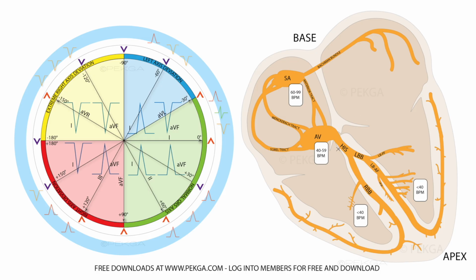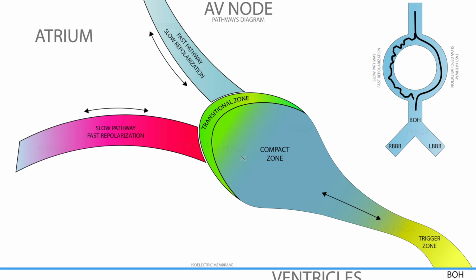Now, the AV node, right? These blocks are called AV blocks, right? Atrioventricular blocks. So something happens in that signal conduction between the atrium and the ventricle, and it gets blocked. Now, if we zoom in on the AV node, this is what it kind of looks like. So this is a representation of the AV node. Now, we're not going to talk about slow and fast pathways.